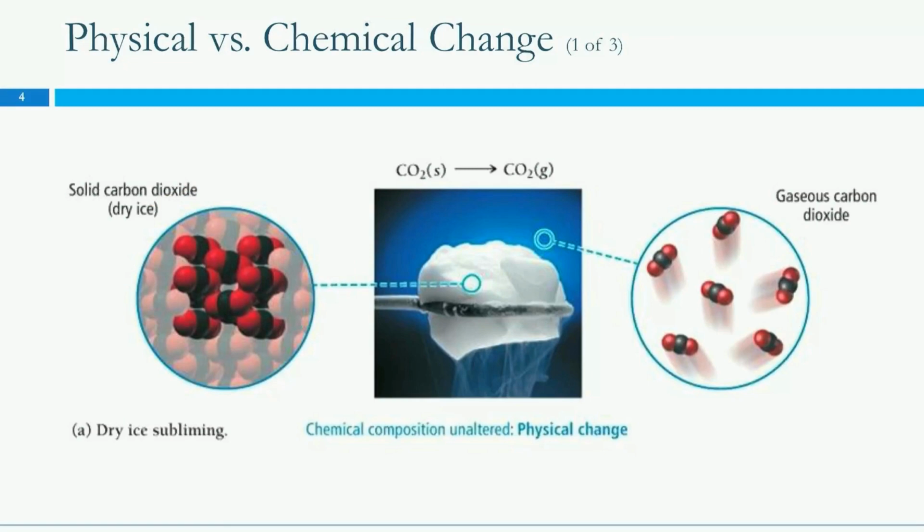As it warms up, it goes straight from a solid to a gas. And we haven't changed it, it's still CO2. So it's CO2 as a solid and it's CO2 as a gas. It's just, as a solid, they're packed closer together. But that's not changing it fundamentally.